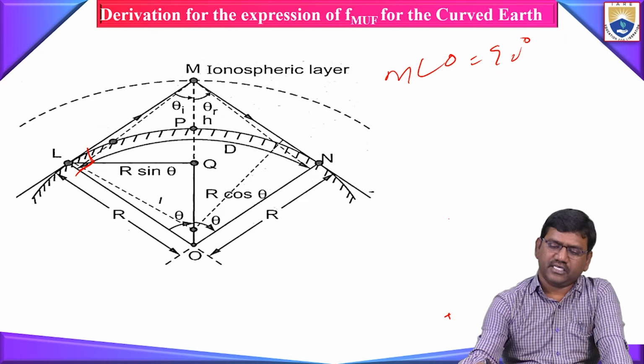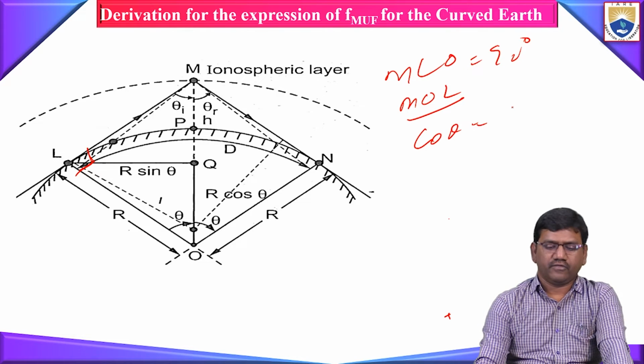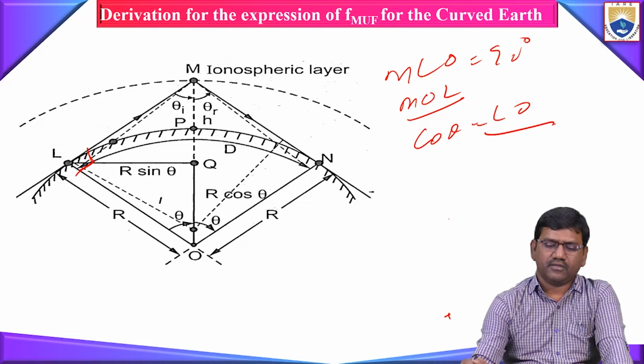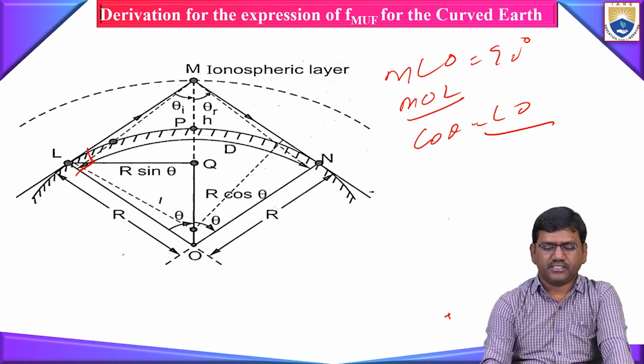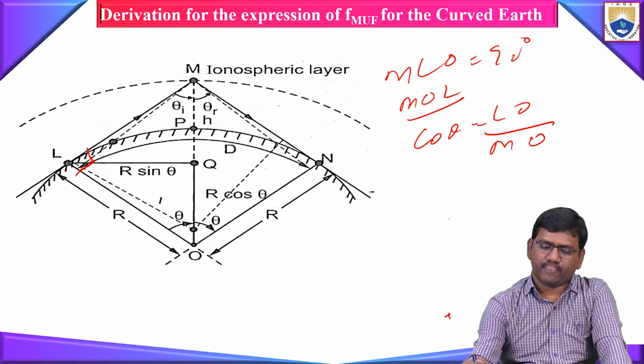Under this consideration, let us take the triangle MOL. So cos theta is equal to the adjacent side to theta, LO, by MO.